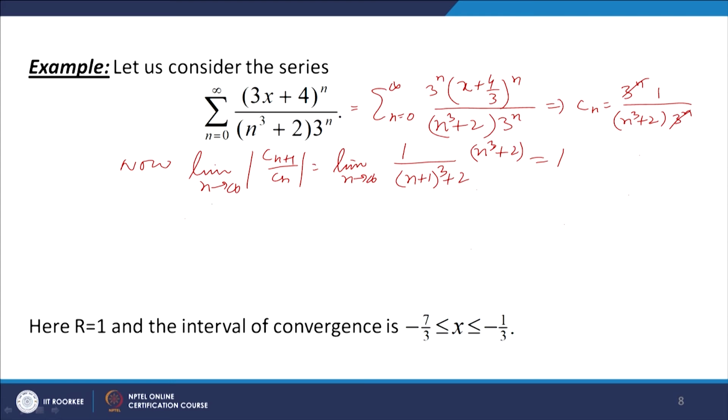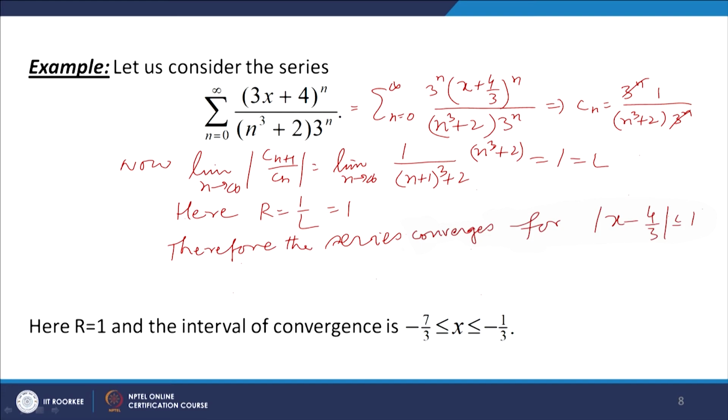Okay. So, here the radius of convergence is R equal to 1 by L, this is L. So, L is equal to 1. So, R is equal to 1. So, the radius of convergence is equal to 1 and therefore, the series converges for mod of x minus (minus 4 by 3) less than or equal to 1.